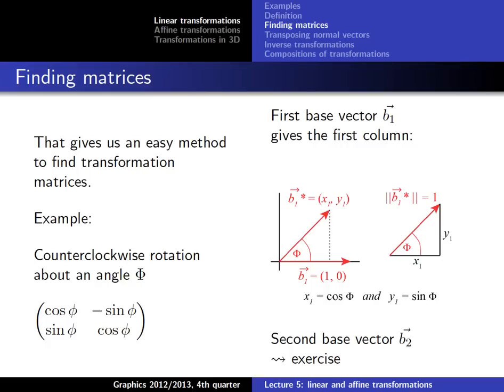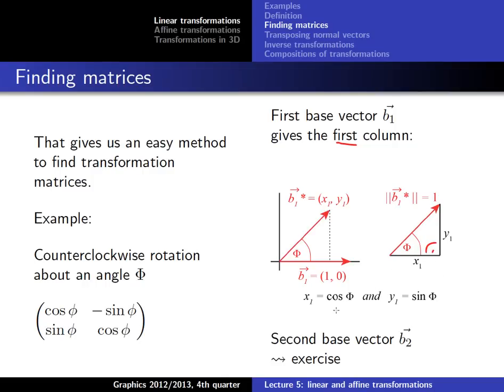I just have the case for the first column here, which means we have to look at the first base vector. The second one works in the same way, so you can do it as an exercise. So we have the first base vector, 1, 0, and then we say we want to rotate by an angle phi counterclockwise. That means we have a target at an angle phi. Now if you look at this angle here, you get again a triangle with a right angle.